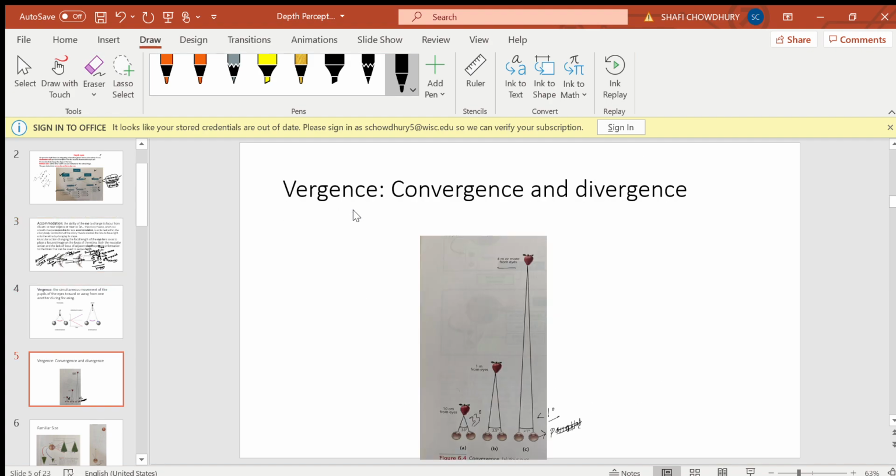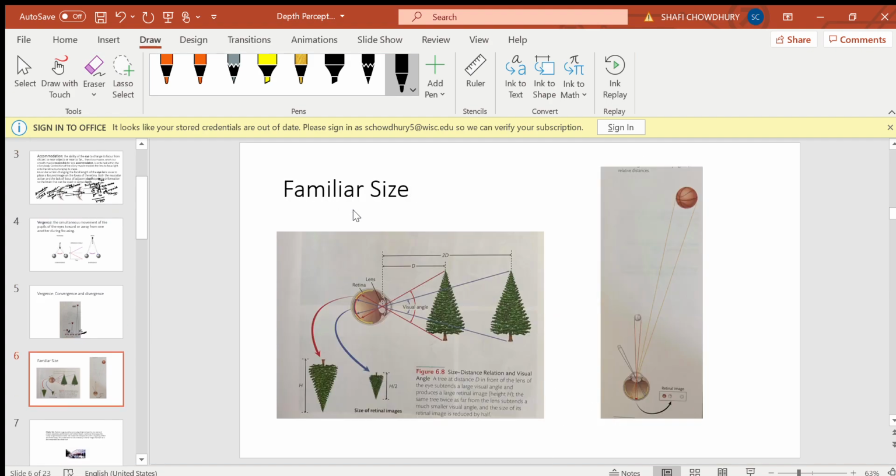Now let's move to the retinal cues. One important retinal cue is familiar size. You know that these palm trees are the same sized. We know that these two are the same sized tree.